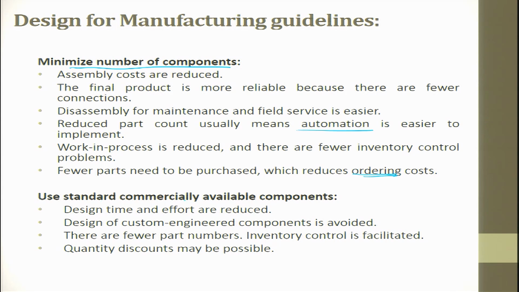Use standard commercially available components. Design time and effort are reduced. Design of customer engineered components is avoided. There are fewer part numbers. Inventory control is facilitated. Quantity discount may be possible. So, these are the advantages when you start using standard commercially available components.